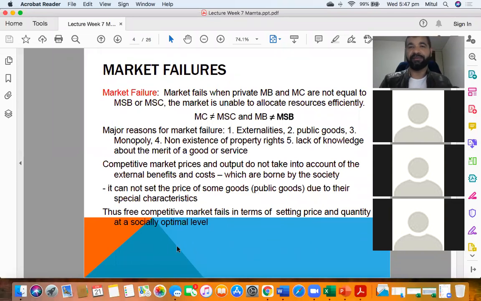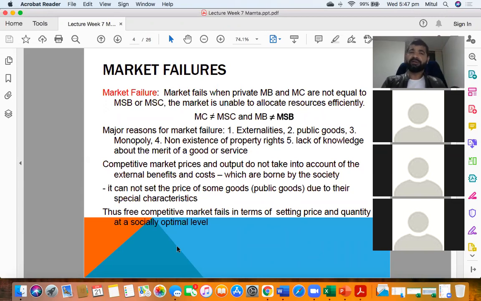Yeah, market failure. Market fails when private, look, private means when a single person is consuming something or a single individual firm is producing something. Market fails when private marginal benefit and marginal cost are not equal to marginal social benefit or marginal social cost.